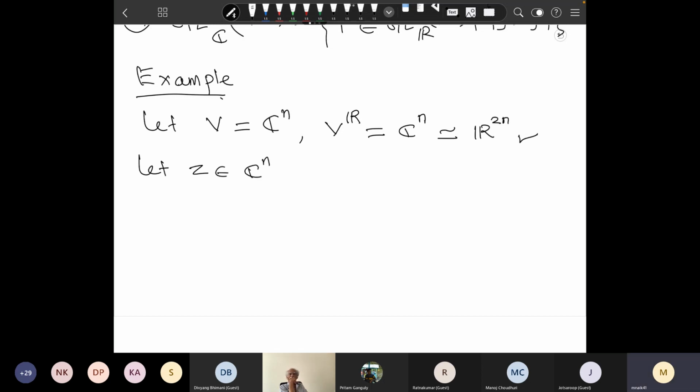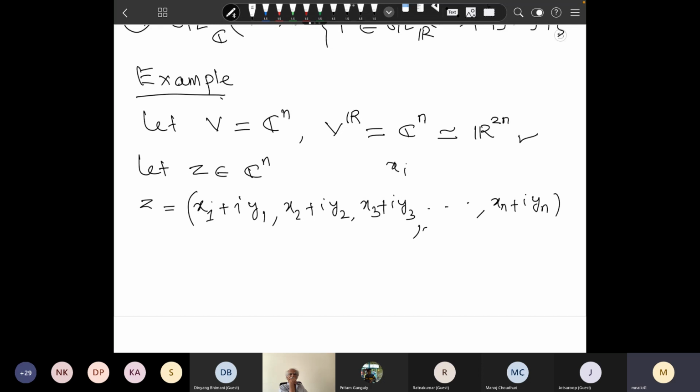So that means z is equal to (x1 plus i y1, x2 plus i y2, x3 plus i y3, ..., xn plus i yn). So xi, yi belong to R. Now I can write this as (x1, x2, ..., xn) plus i times (y1, y2, ..., yn).